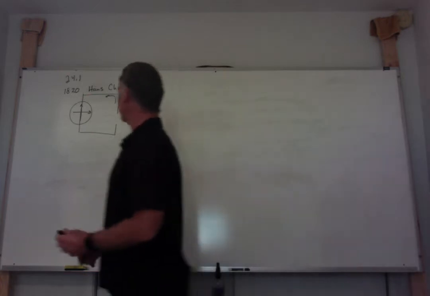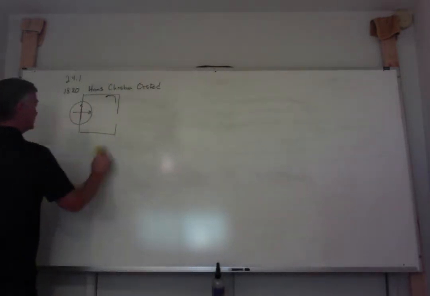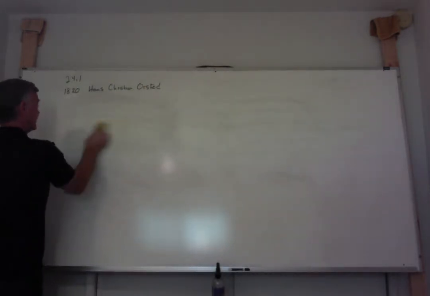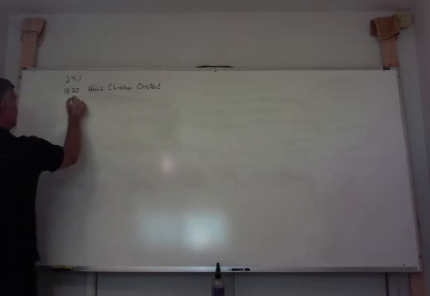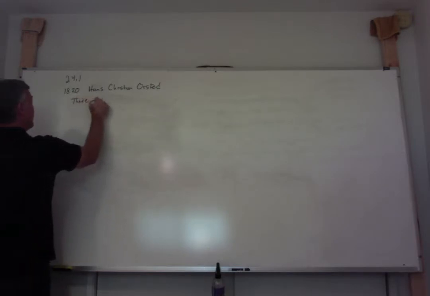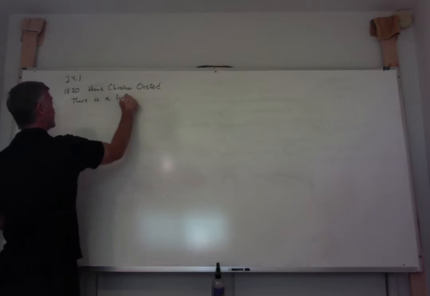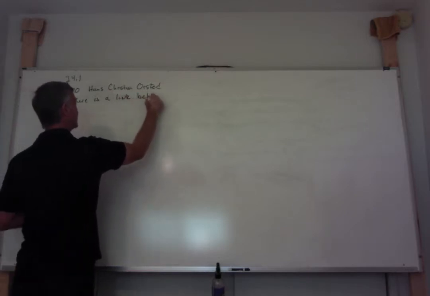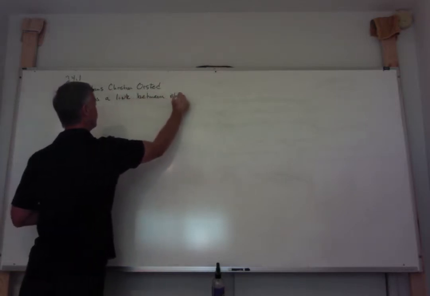So the very first thing you need to understand, what Hans Christian Ørsted established, is there is a link, a connection between electricity and magnetism.